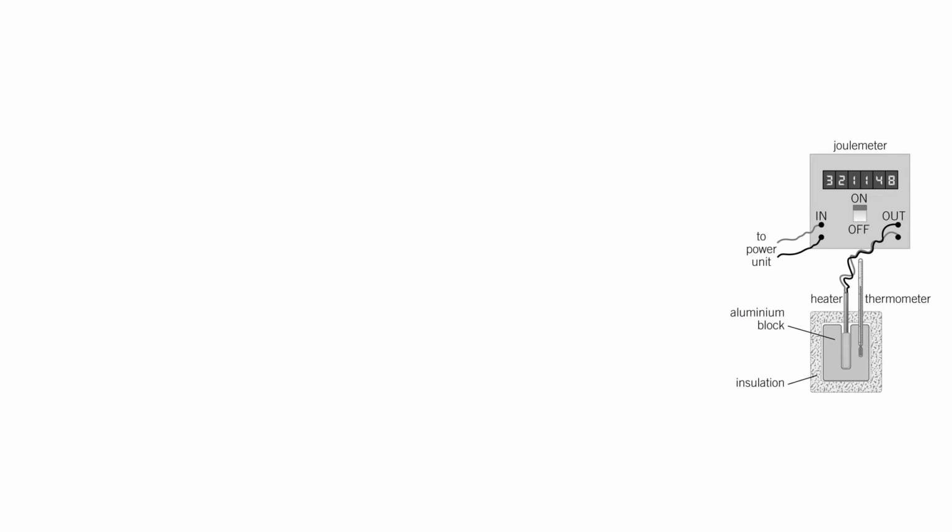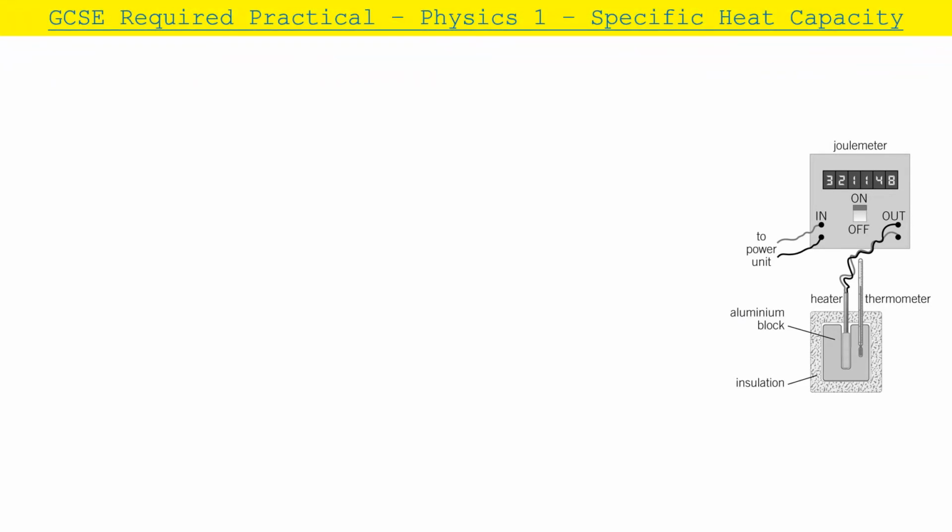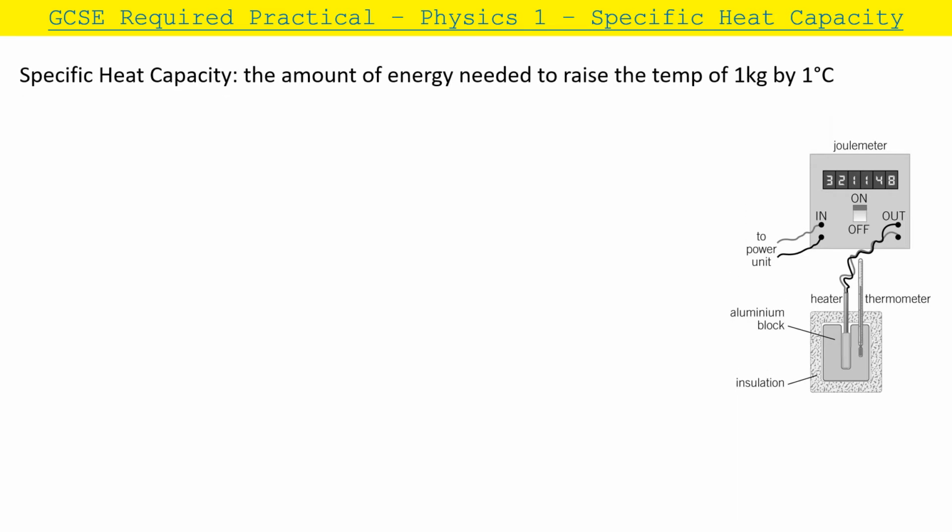So the equipment is quite simple. You probably did this in class and it looks a lot more daunting because there's lots of wires, but simply what we've got is a joule meter, which we're going to be using to measure the energy that is being supplied to the heater.